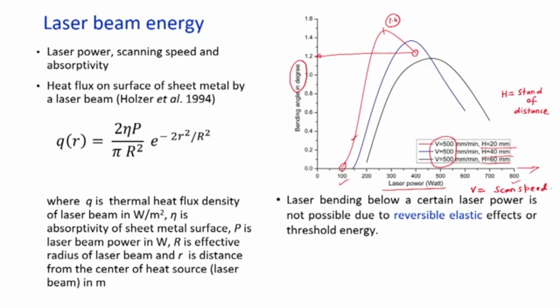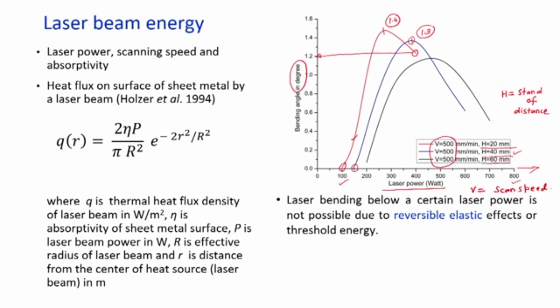Then we increased the standoff distance, we went for h is equal to 40 mm. Again the trend is very similar. For about 150 watt of laser power there was no bend angle, and we got a significant bend angle when we took it up to 300 watt, about 1.3 degrees.